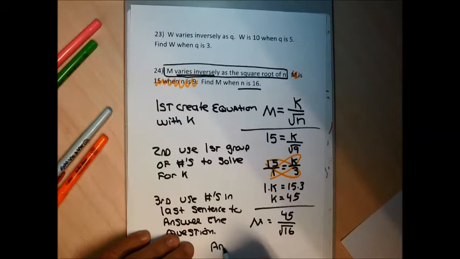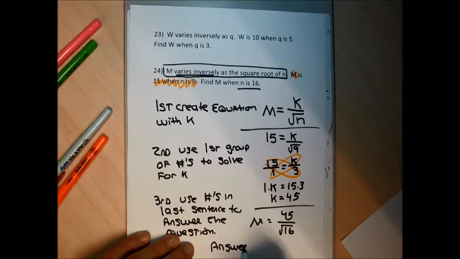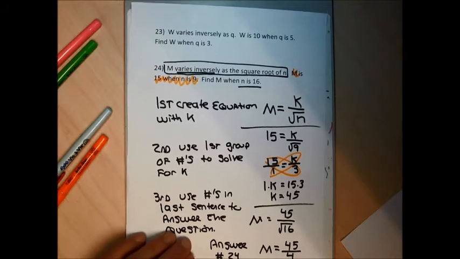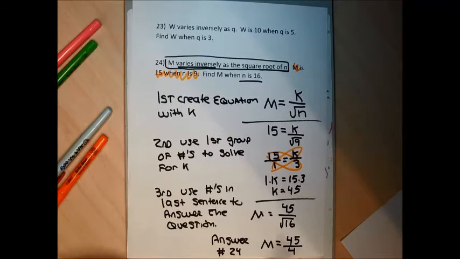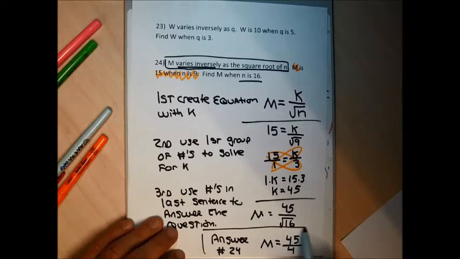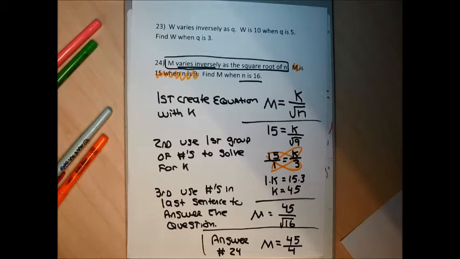My answer to problem 24 is going to be a fraction because this fraction's not going to reduce. My answer is going to be m equals 45 in the numerator, and the square root of 16 I'm going to write as 4. And that's not a reducible fraction, so I'd leave my answer right there rather than doing a decimal version of that. Alright, so you should be able to do 23. Getting ready for that last hiccup.